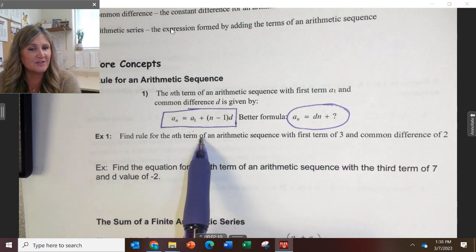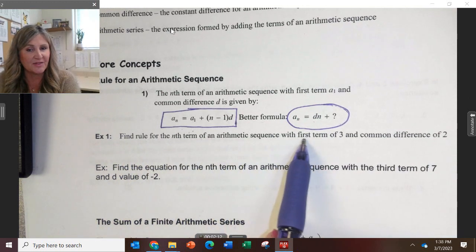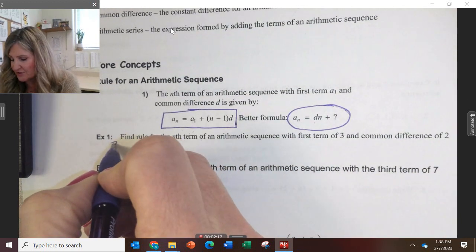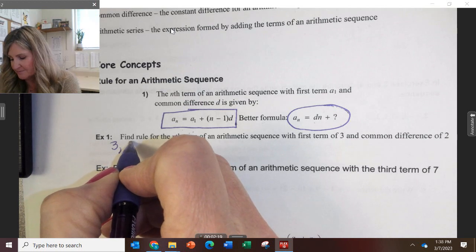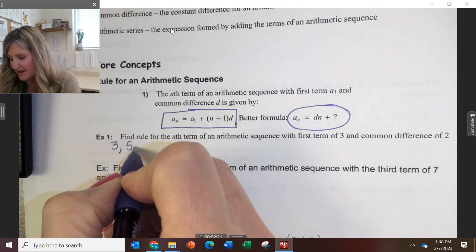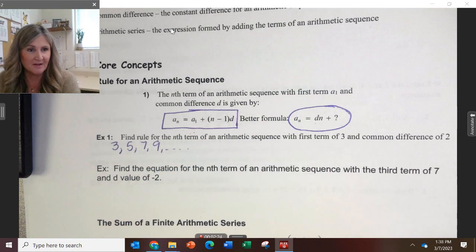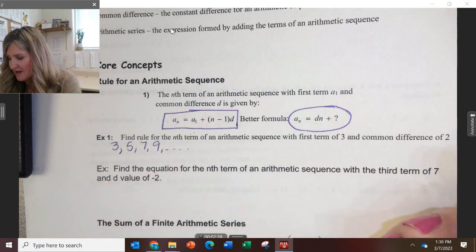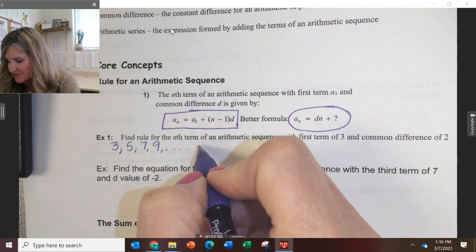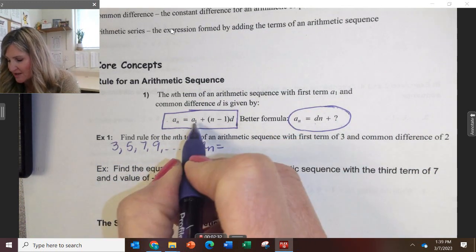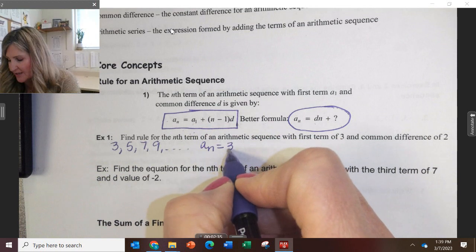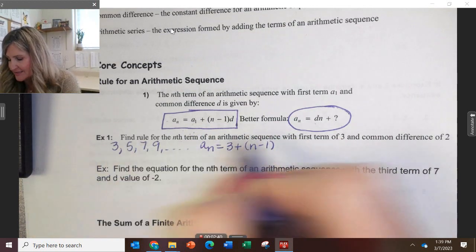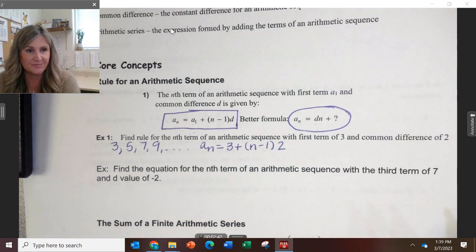Find a rule for the nth term of an arithmetic sequence with the first term of 3 and a common difference of 2. So the first term is 3. What's the next one? 5, 7, 9, etc. Okay? So one way to find the rule for this is to do a sub n equals a sub 1, which is 3, plus n minus 1, and then that d value is 2.